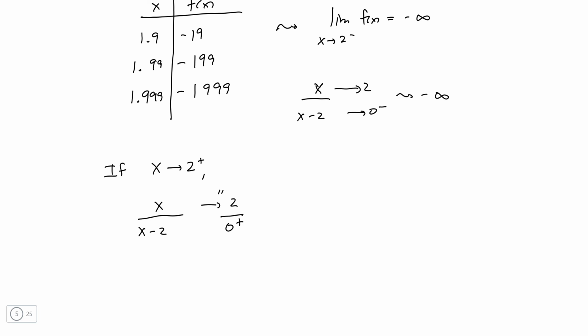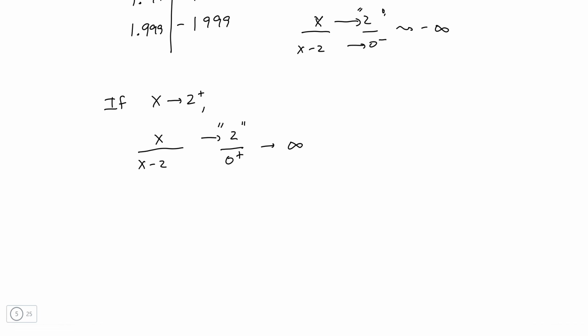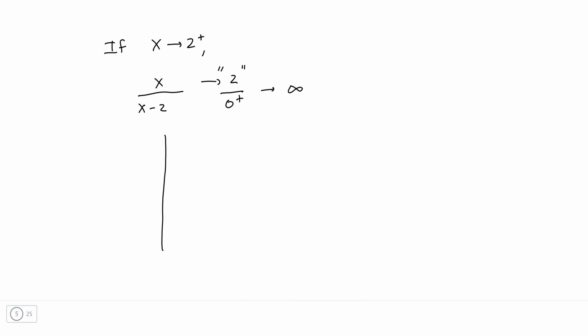Again, if we're going to write this, we should put parentheses around this, because these aren't actual numbers. But that tells me it's going to be something going towards infinity. Let's verify this with the table just to make sure our intuition matches up with some values.